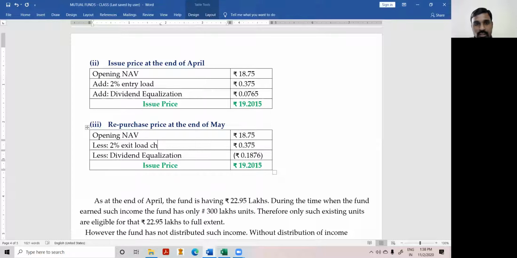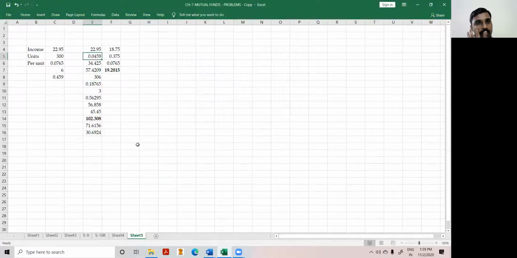Next, add dividend equalization paid, because it's a reduction. So the 2% exit load will be a deduction, and the dividend equalization will be an addition. I have to add 0.1876, because in the worksheet I'm taking only 4 digits, therefore I have to take 4 digits here also.